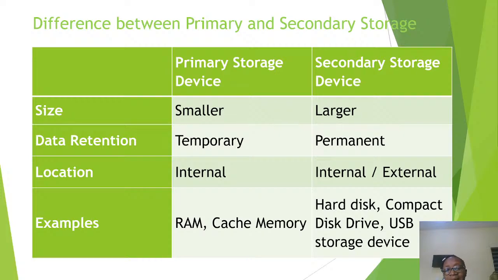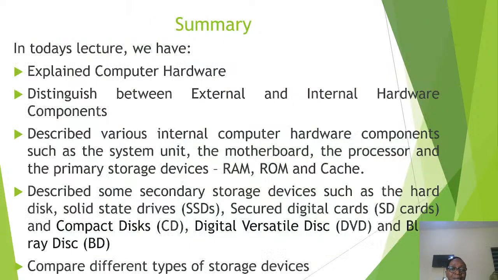Examples for primary are RAM, ROM, and cache memory. For secondary, we have hard disk, compact disk, and all that. All these things we have looked at. So in summary, what have we looked at? I've explained what computer hardware is. I've also distinguished between external and internal hardware components. We have described various internal computer hardware components, such as the system unit, the motherboard, the processor, and the primary storage, such as RAM, ROM, and cache.